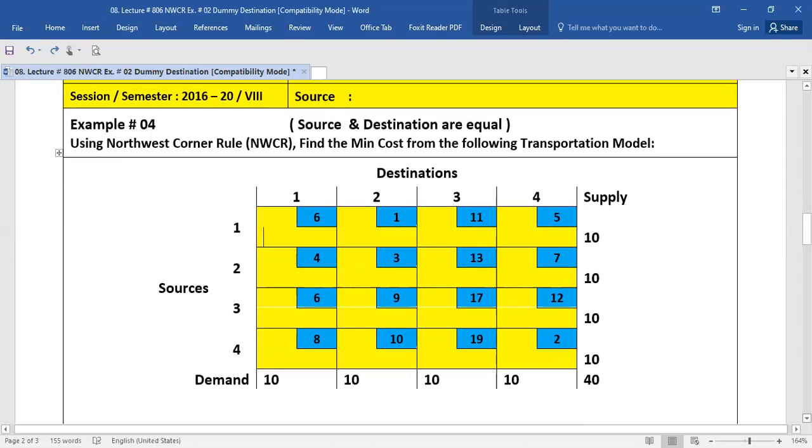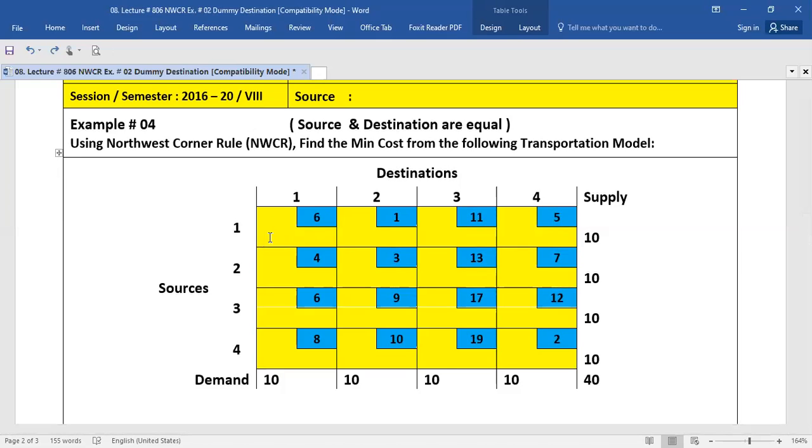Now, what is the new problem? We will start our problem from the top left corner of this table. This is the northwest corner rule and northwest corner. We will start our question from here. You see that you have demand 10 and supply also 10.